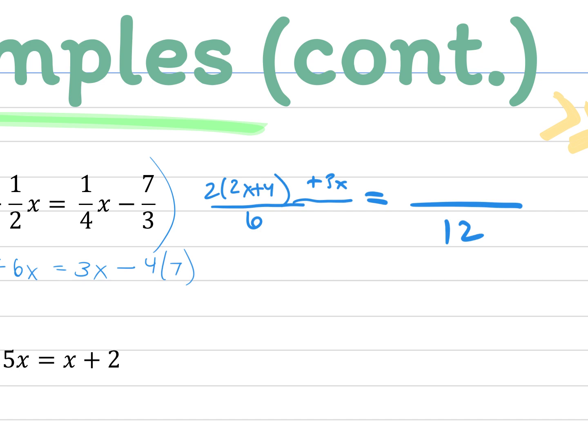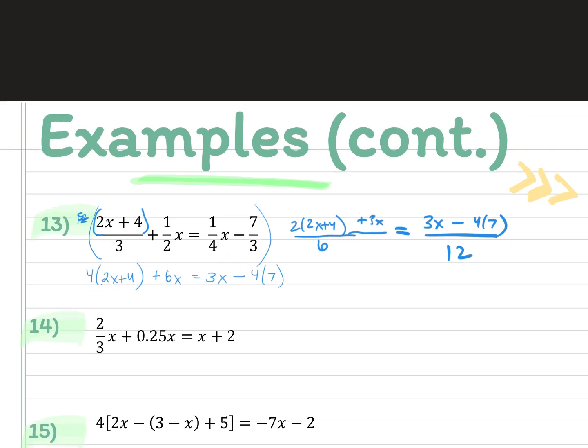So the first fraction has the 4. What would I multiply 4 by to make it 12? 3. So what you do to the bottom, you do to the top. So this becomes 3x. Minus. My second fraction has the 3. What would I have to multiply it by? 4. So this becomes 4 times. You guys agree?